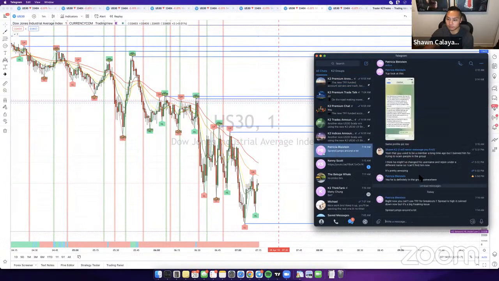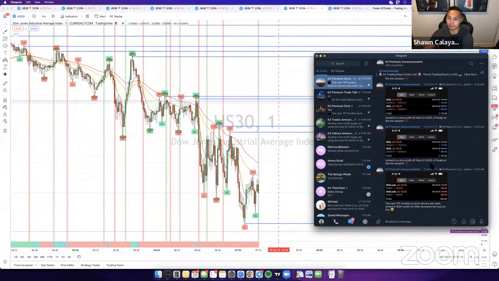Hey, Patricia. Patricia said right now you can't use the TFF breakout. Spread is high, and it's a big issue. Spread jumps around a lot. Yeah, I could see that. I don't know how this happened, but it hit my full TP for both of my trades, yet they both ended in the same loss. So I think the spread was at least triple what FTMO was.